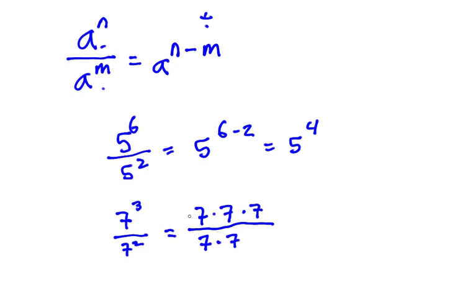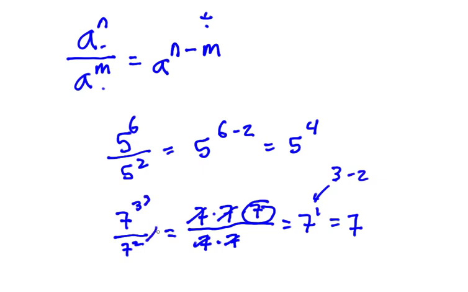So I think you can see from here that I can cancel the 7s, and I'm left with just 1 7 on the top, 7 to the power of 1, which is just 7. And this power of 1 is coming from 3 minus 2. So that's how it's happening.